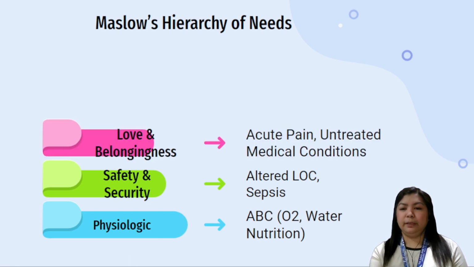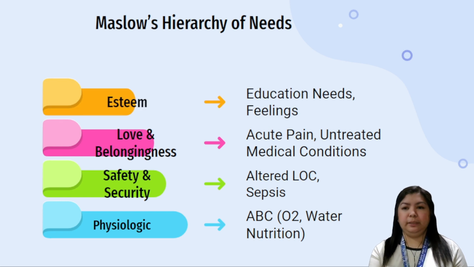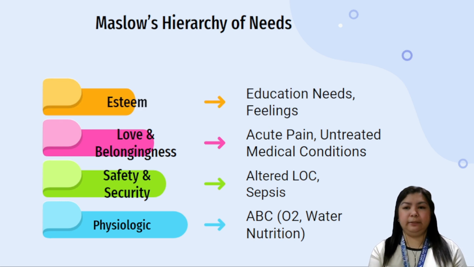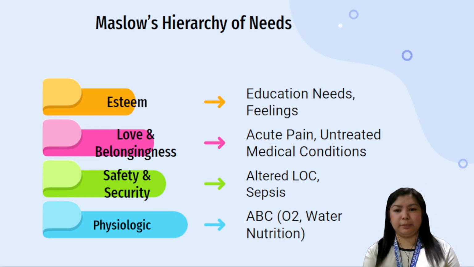Next, for acute pain and any untreated medical conditions, think love and belongingness because love and affection go into helping people with pain and untreated medical problems. Next, for education needs and the feelings of your client, think esteem because esteem needs deal with achievement and respect.